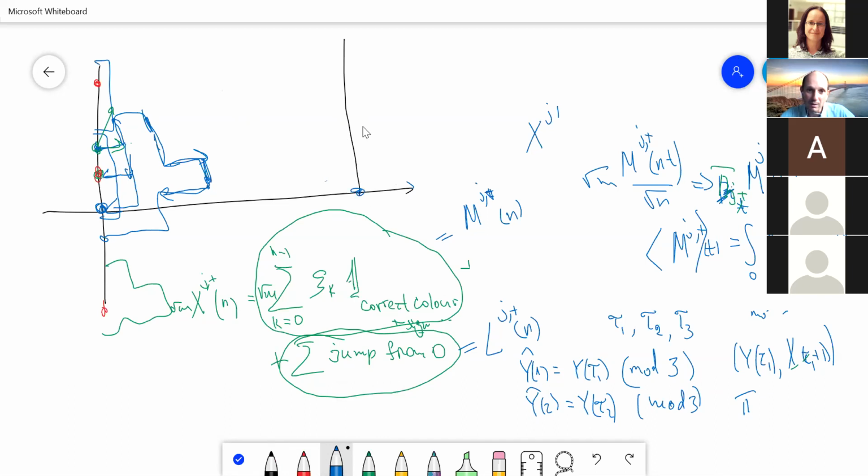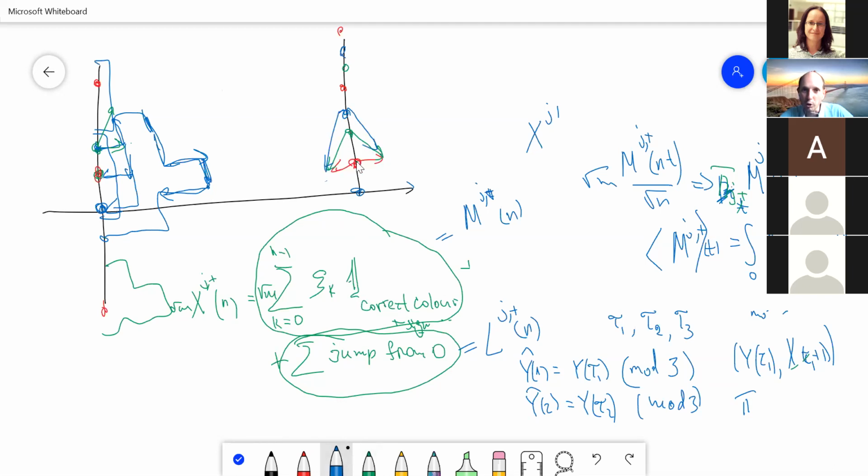Let me make a picture. Assume that jumps are like this. From this point, you jump here or there. From this point, you jump here or there. And from this point, you jump here or there.